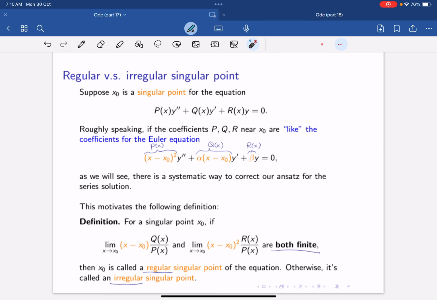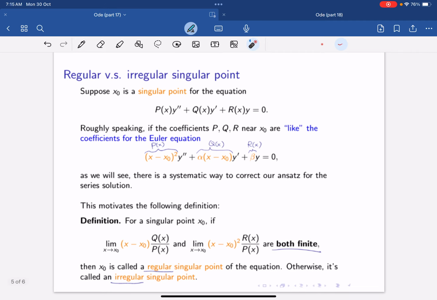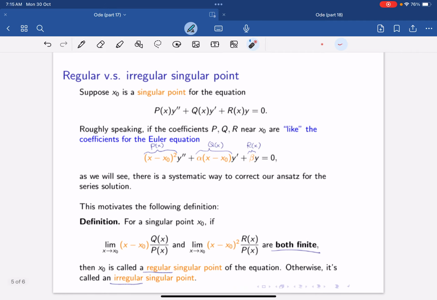And so what is the difference between a regular singular point and an irregular singular point?